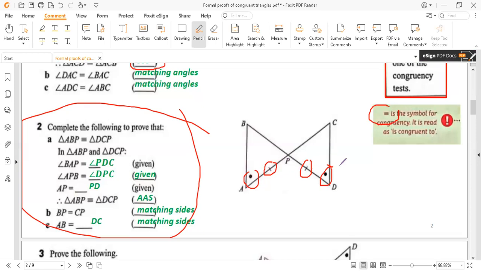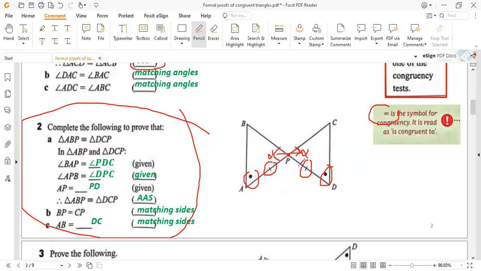What do we have here? Clearly we have opposite vertical angles because we have a vertex P where BD and AC, as straight lines, intersect. So we have opposite vertical angles here. So yes, this angle equals this angle.